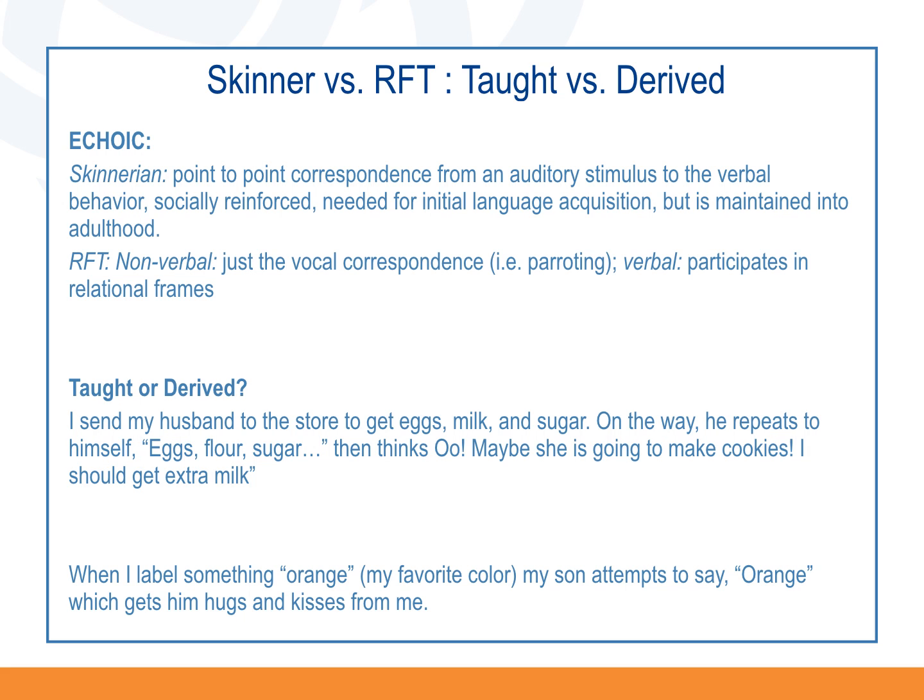When I label something as orange, which is my favorite color, my son now attempts to say orange, which is pretty exciting. It gets him hugs and kisses from me. So in the first one, he's deriving the additional things that he hears me typically say with that list of ingredients. In the orange example, he's just point to point. I say orange, he says orange, and he gets that social reinforcement.